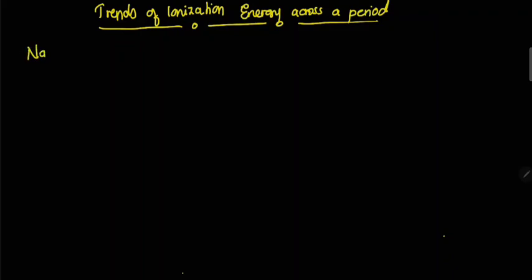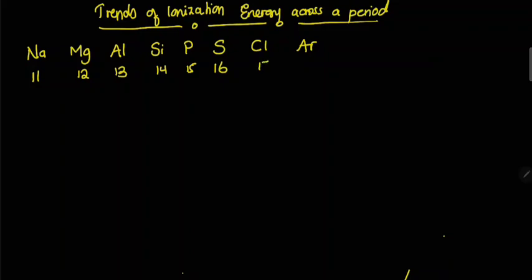We have sodium, magnesium, aluminium, silicon, phosphorus, sulfur, chlorine and argon. Now what are the atomic numbers here? 11, 12, 13, 14, 15, 16, 17, 18.